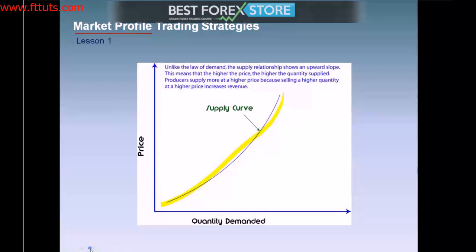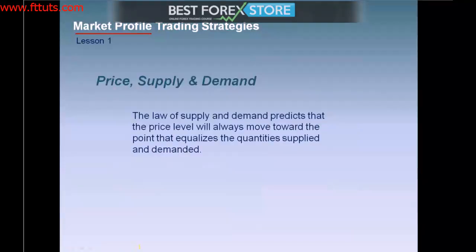What's really important and interesting here is the dynamic between these two curves. So the dynamic really involves both the supply and the demand. And the law of supply and demand actually helps us to predict and anticipate where the price level will move to a point where the demand and the supply, in fact, are equal.